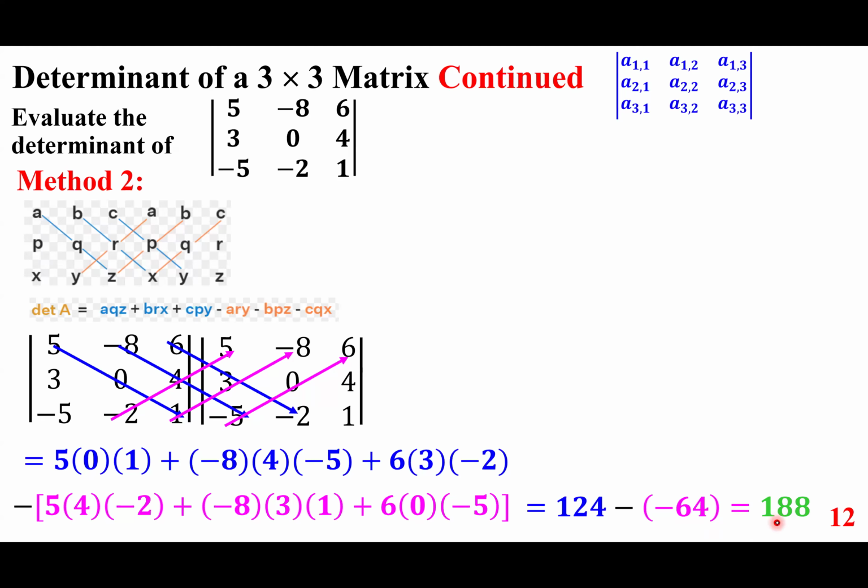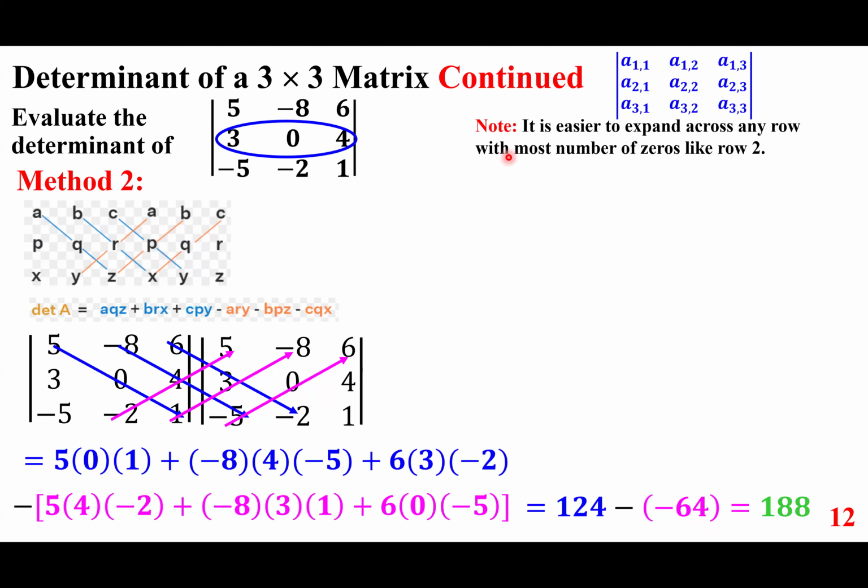The other thing I want to mention is that you can expand this with respect to any row or column. It is easier to expand across any row with the most number of zeros, like row 2, because row 2 has 0, right? Or you can go with column 2. It works absolutely the same way. Please understand, when you expand it with respect to a row or column, that row doesn't count. So cross it out. I'm going to start, of course, with this as a coefficient, right? But remember, if this is positive, this is negative.